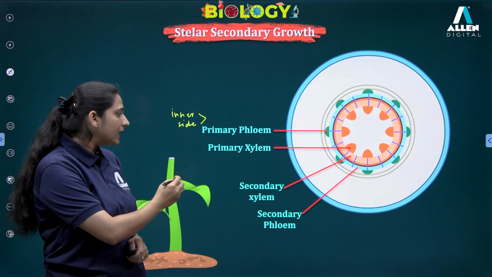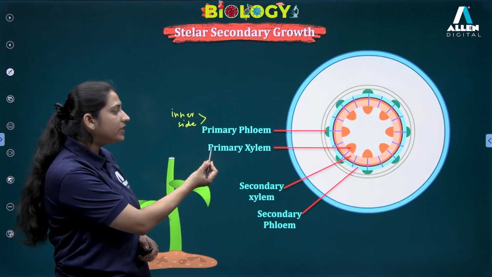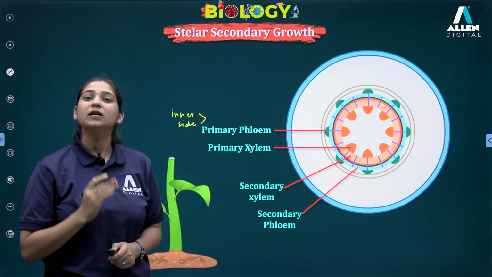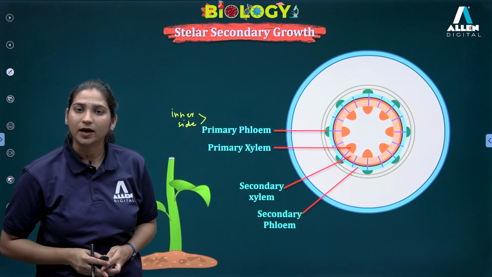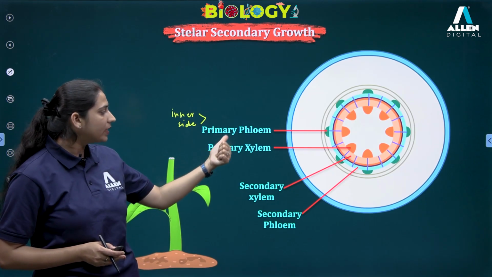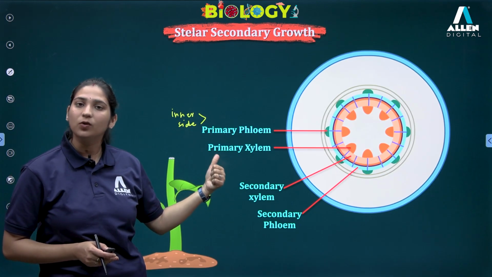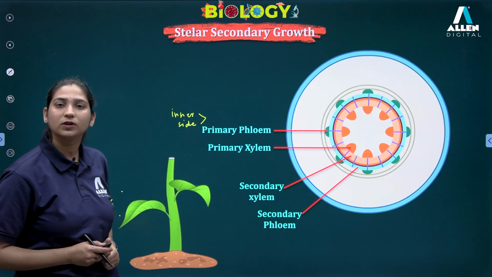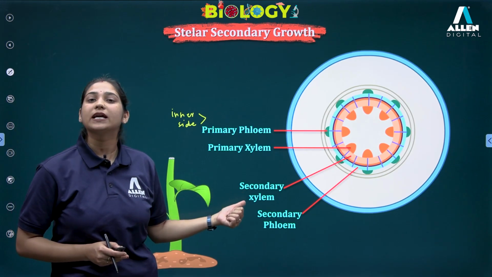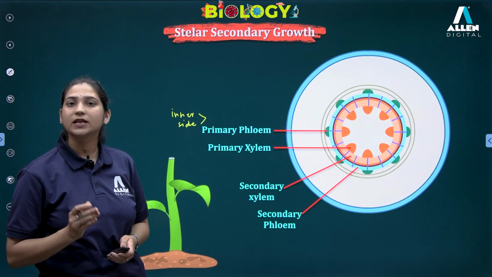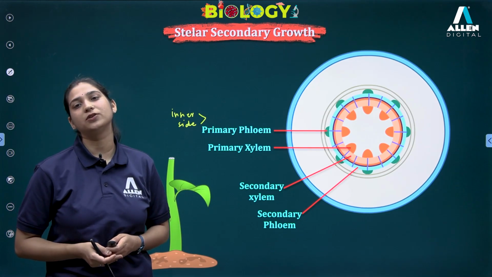Similarly, in the diagram, you can locate the primary phloem and primary xylem relating to the previous diagram. In the previous diagram, we can only see the primary xylem and primary phloem. But now, due to the activity of vascular cambium, we have secondary vascular tissues, secondary xylem and secondary phloem.